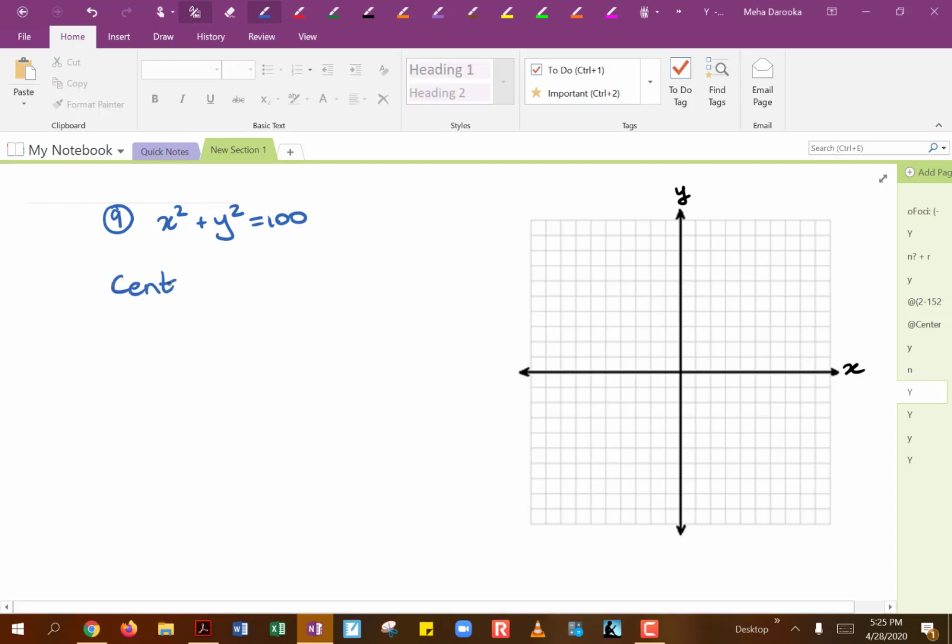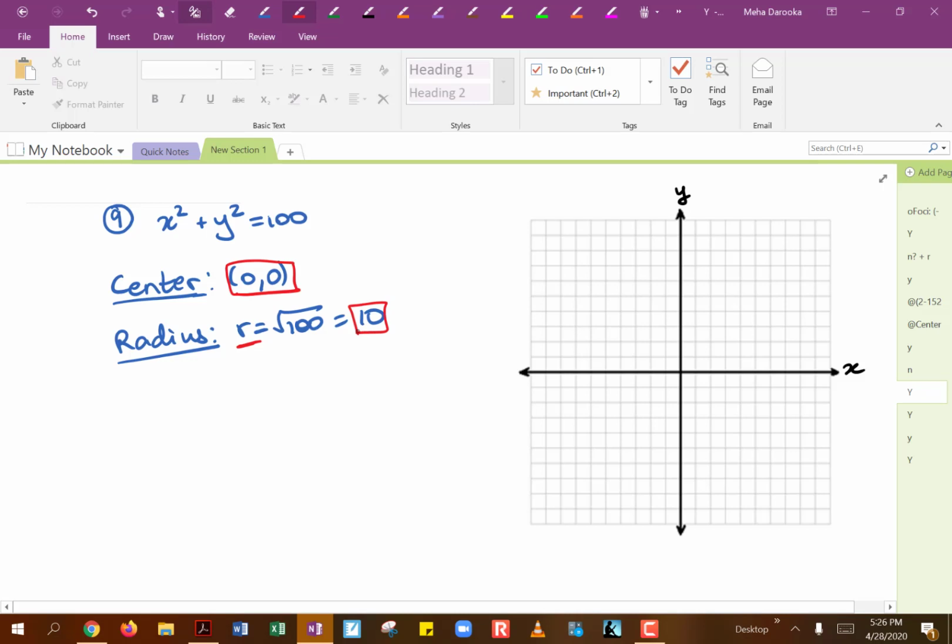Then remember the radius is the square root of the number on the right hand side. So you just take the square root of 100, and that gives you a radius of 10. There you go, we have our center and our radius.